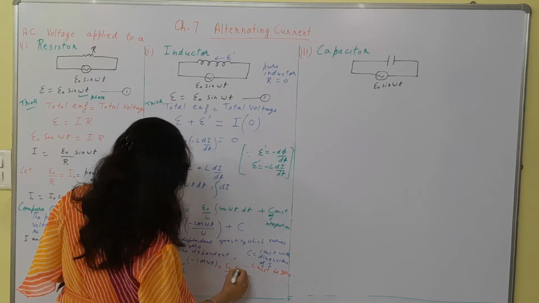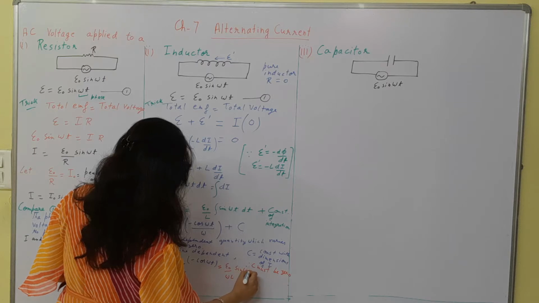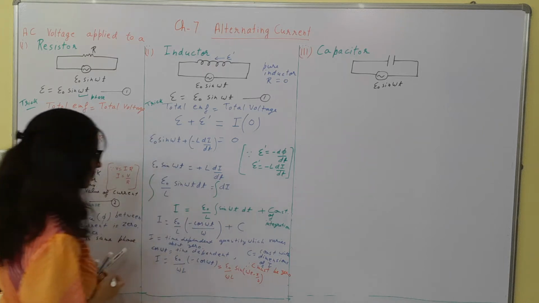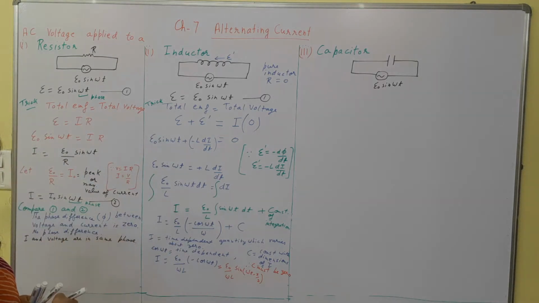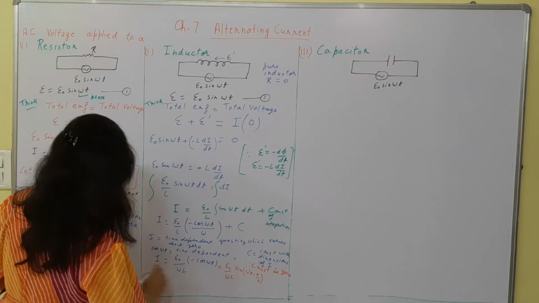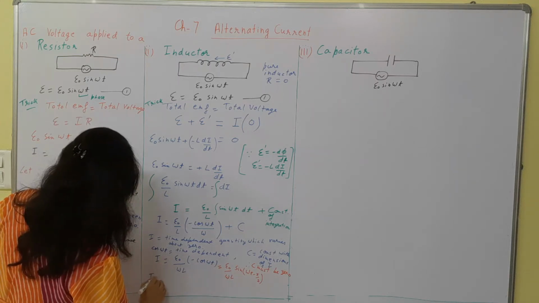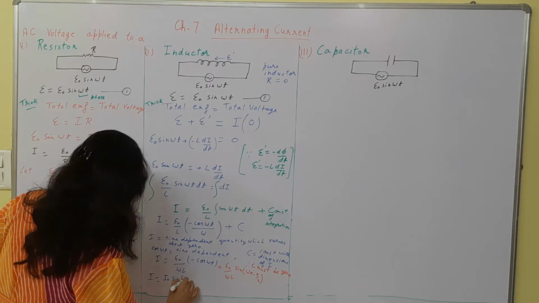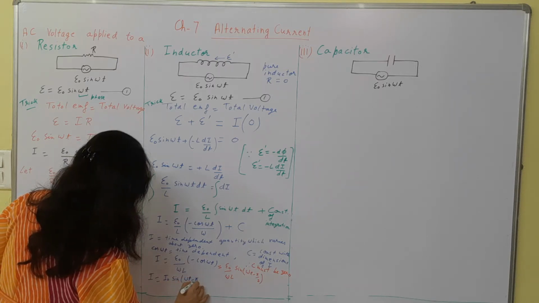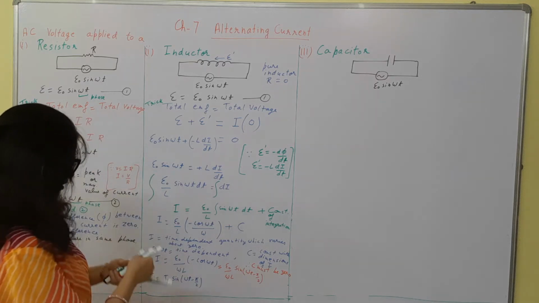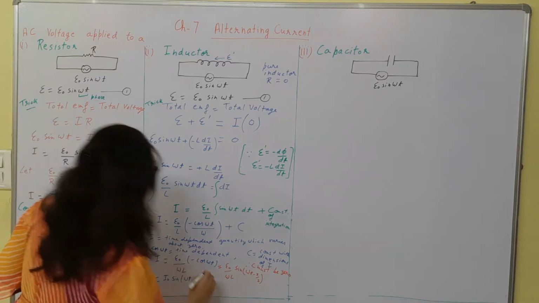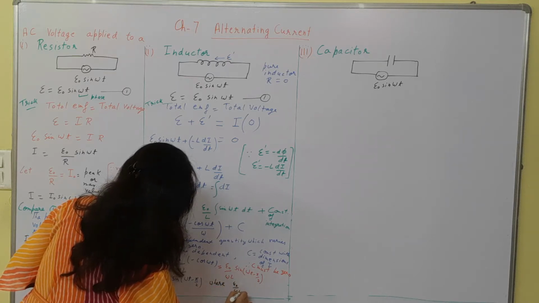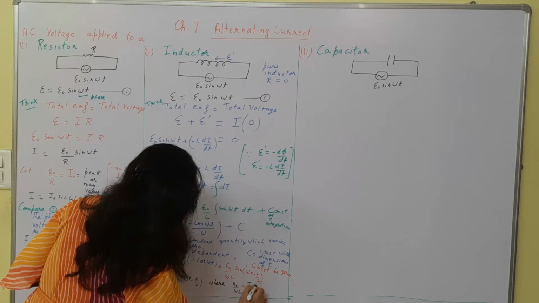This can be written as sin omega t minus pi by 2, and this value can be written I naught, where E naught by omega L is equal to the maximum or peak value.